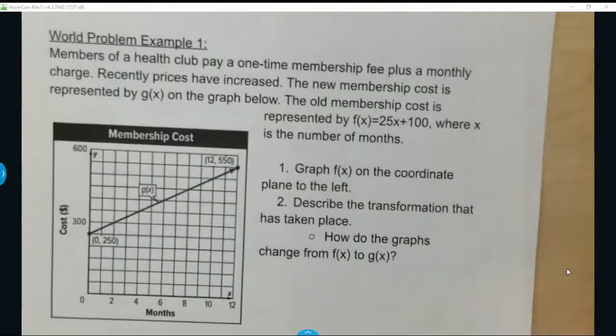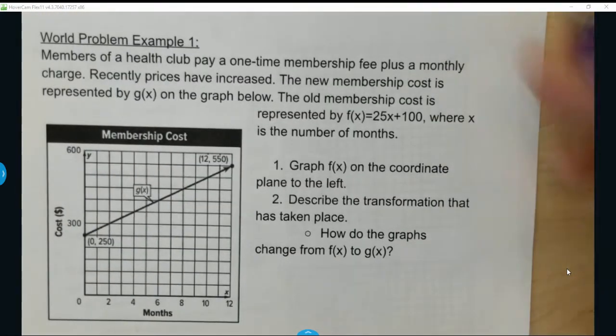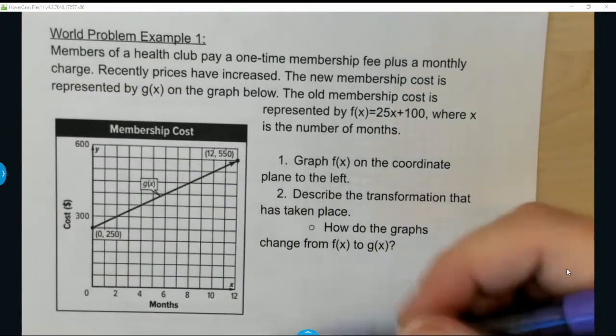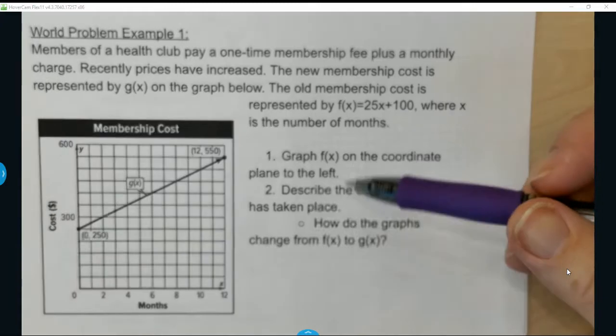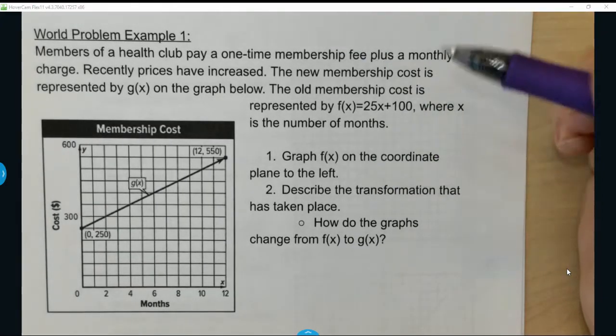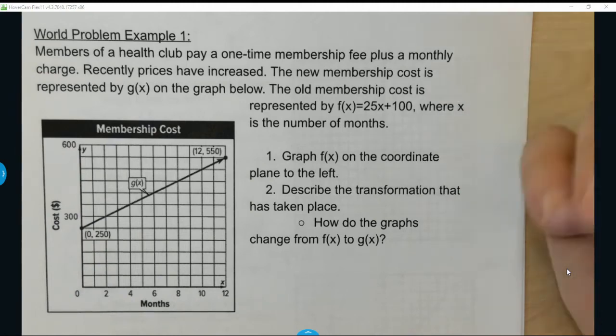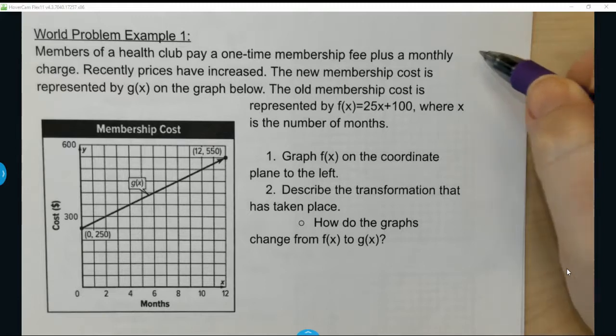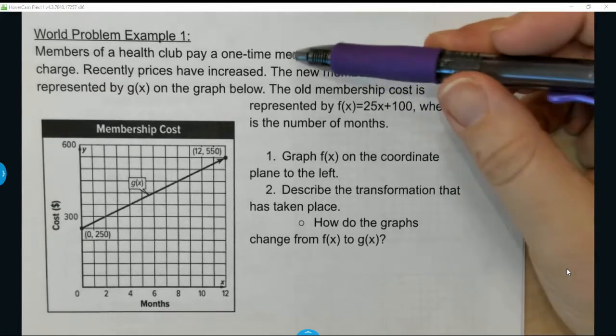Okay, we have our last question. We're going to be done with our notes. This one is a word problem, so I just kind of wanted you guys to see what it would look like if you had a word problem with this topic of transforming the lines. So word problem here: members of a health club, think gym, pay a one-time membership fee plus a monthly charge. Recently, prices have increased.